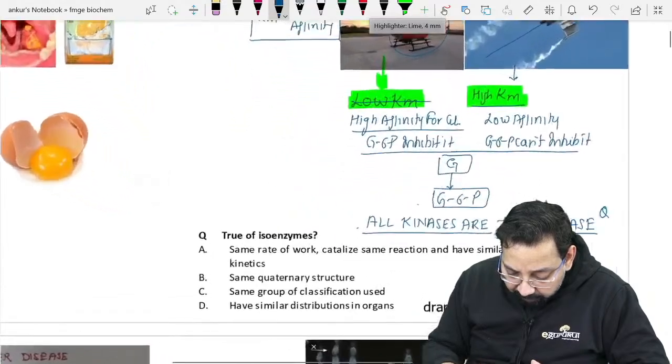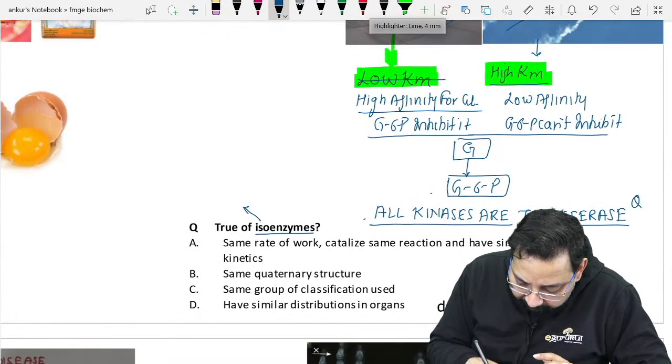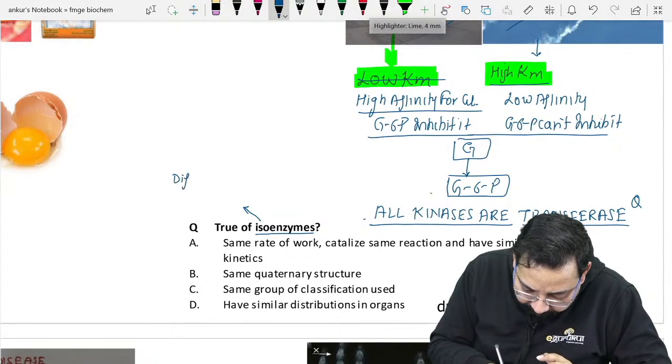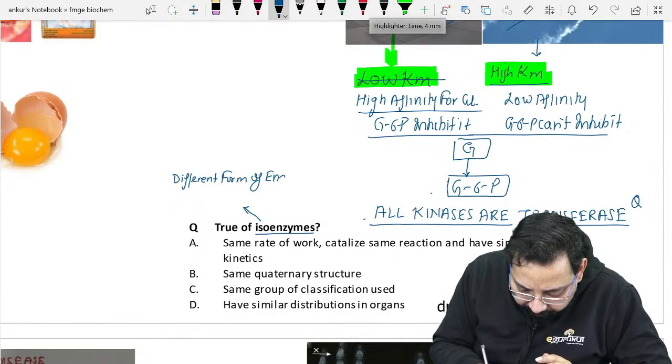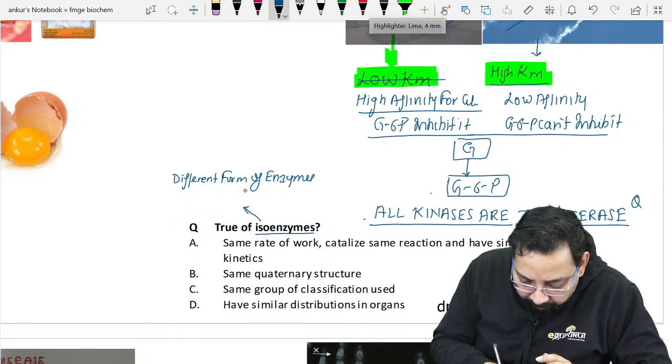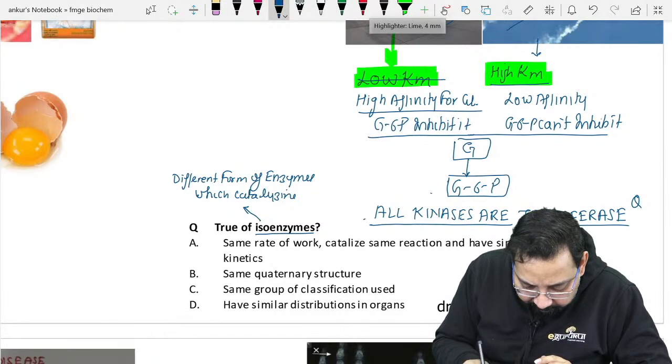What is isoenzyme? Isoenzymes are different forms of enzyme which catalyze the same reaction.